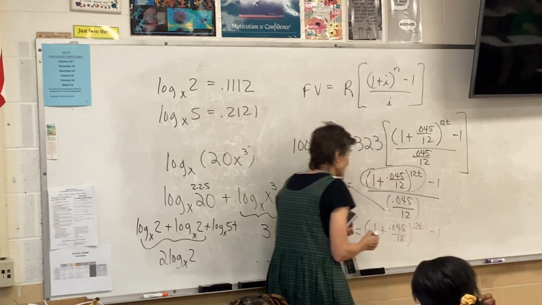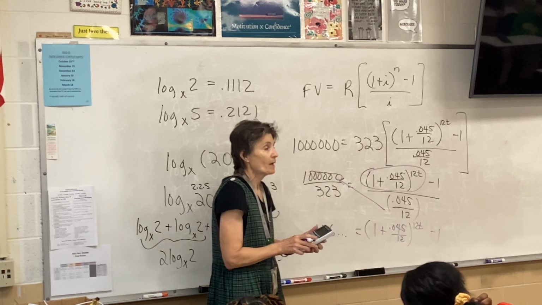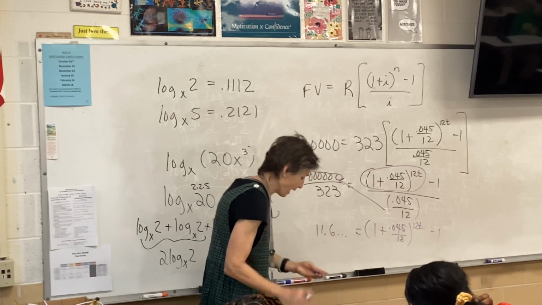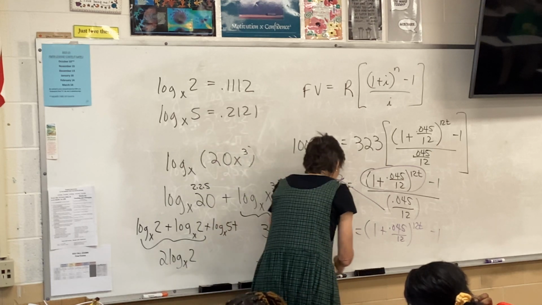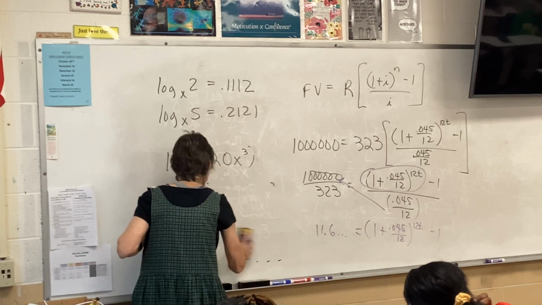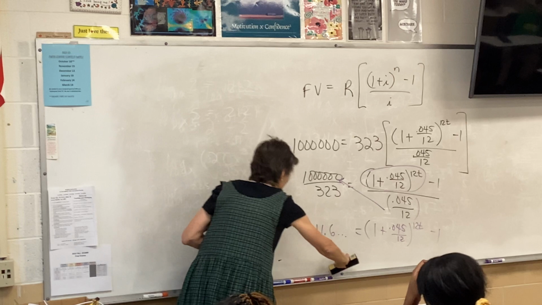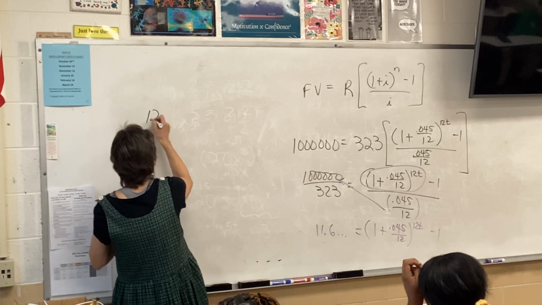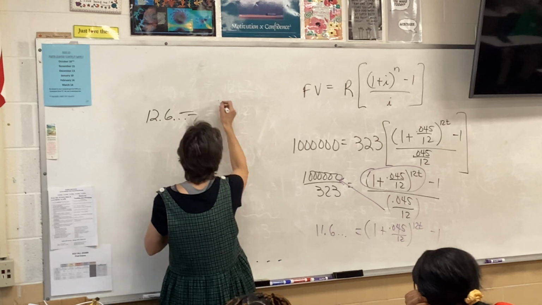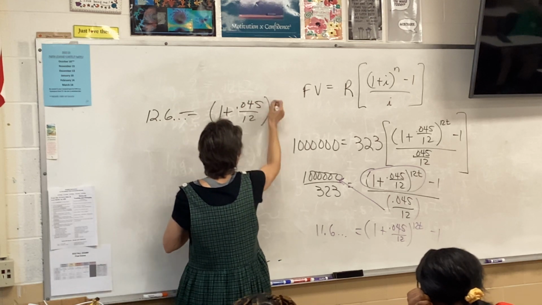So what's the next thing I'm going to do? If I'm trying to get this by itself, I'll add 1 to it. I'm letting my calculator just work as I go along. Now I have 12.6 whatever equal to 1 plus 0.045 over 12 to the 12th here.